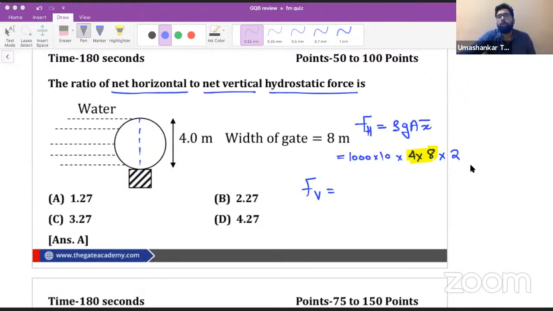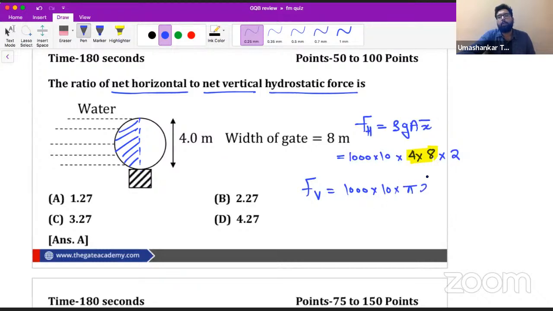Since it is a semicircular curved surface, we need to consider the weight in the semicircular region. The weight of water is 1000 g into area.